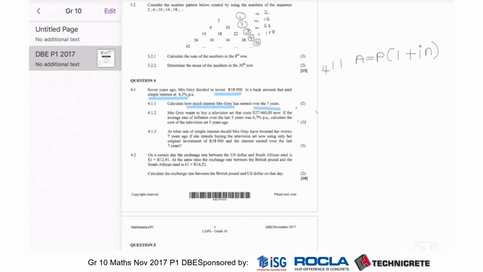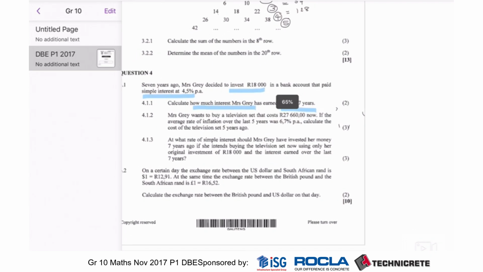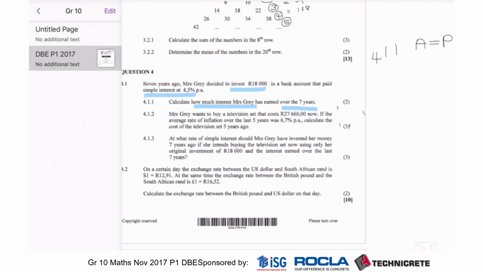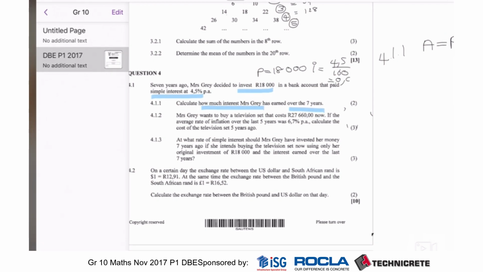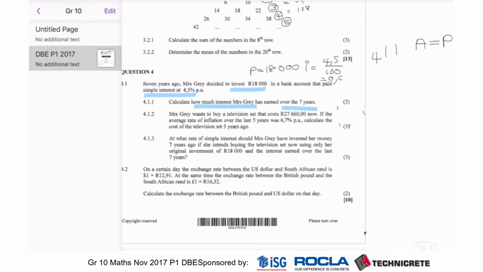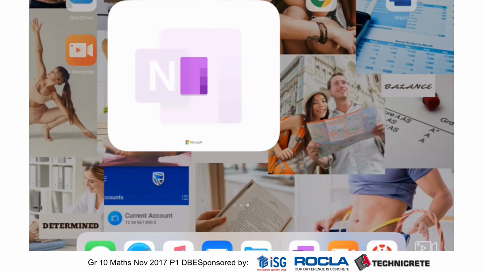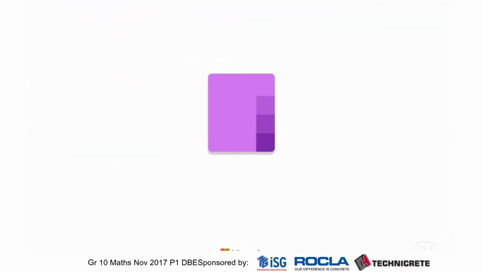I always like for the student to first initially decipher what is what. Okay, so my P is 18,000. My i is going to be 4.5 divided by 100, which is 0.045. And my n was 7 years.